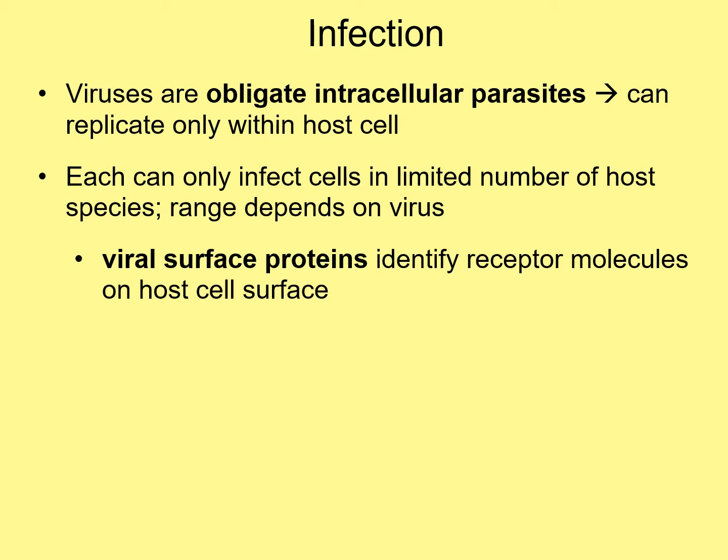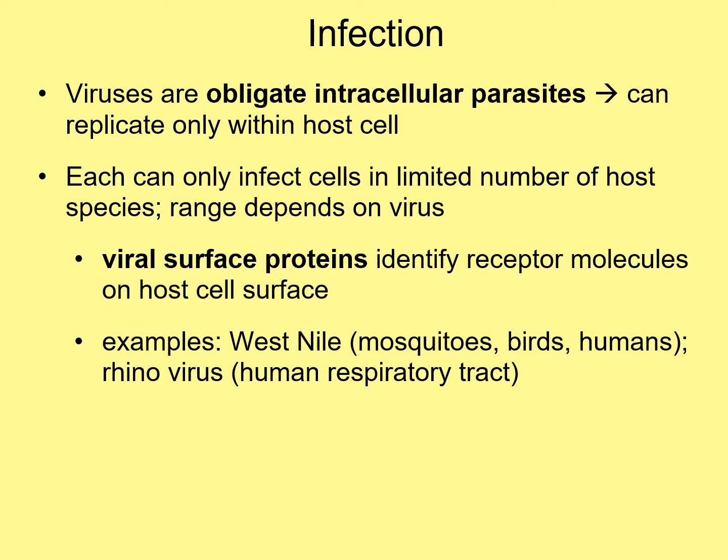They really scramble their receptor proteins quite a bit, trying to resist their bacteriophage parasites. So the surface proteins of the virus identify receptor molecules on the host cell surface. So they're going to be fairly specific.